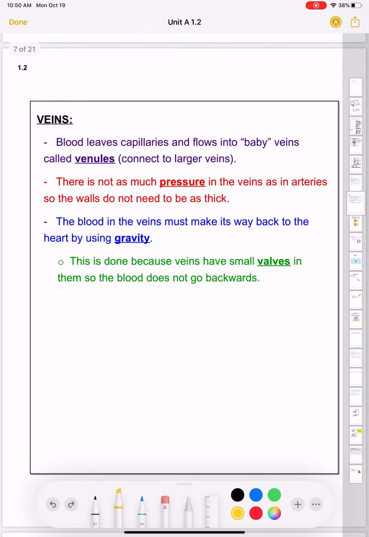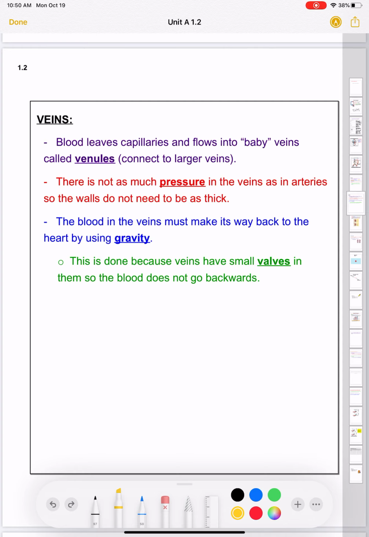Veins: blood leaves capillaries and flows into baby veins that are called venules, which connect to larger veins. There is not as much pressure in the veins as in arteries, so the walls do not need to be as thick. The blood in the veins must make its way back to the heart by using gravity.